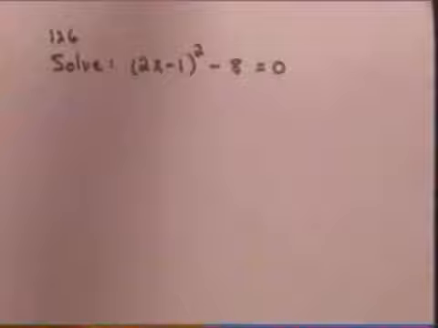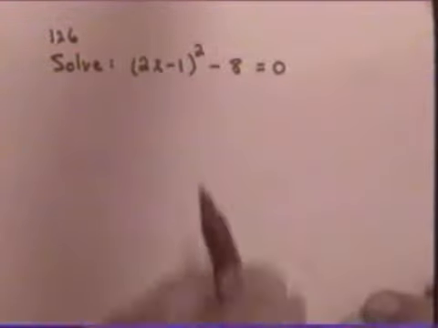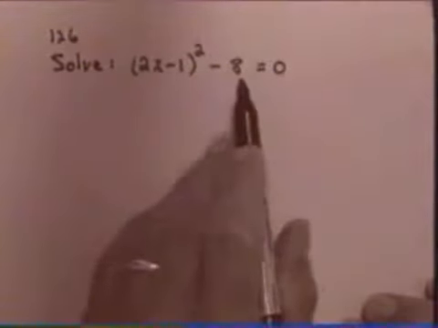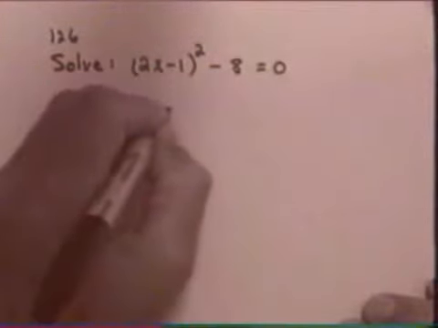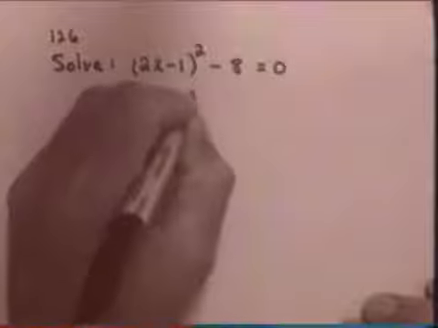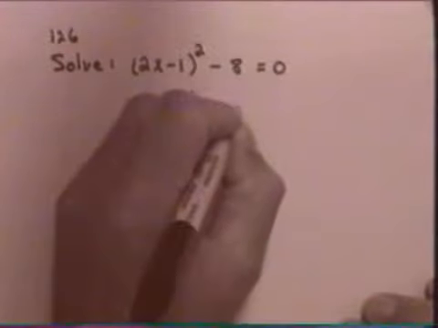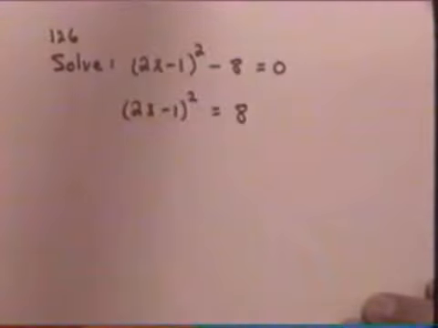Let's solve 2x minus 1 quantity squared minus 8 is equal to 0. Now what I can do is to add 8 to both sides. So I can say 2x minus 1 quantity squared is equal to 8. That's just adding 8 to both sides.